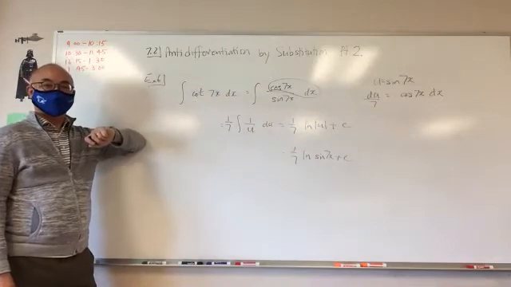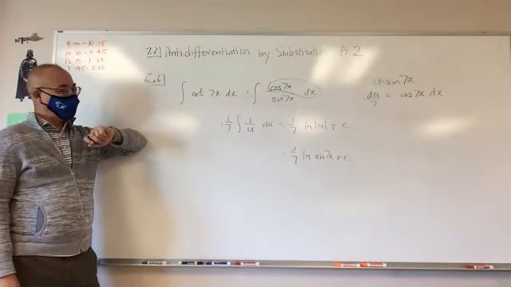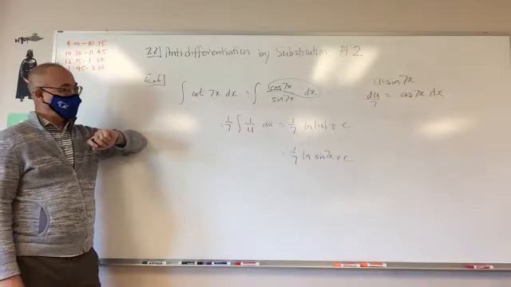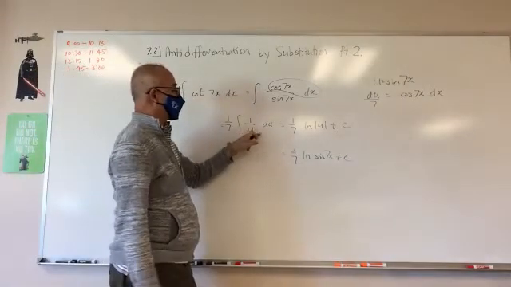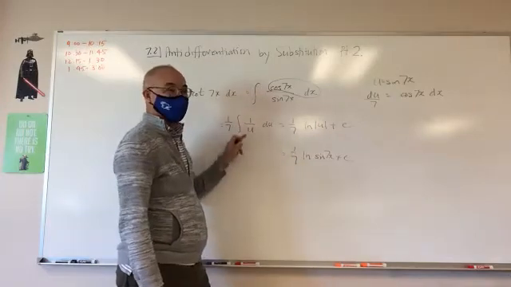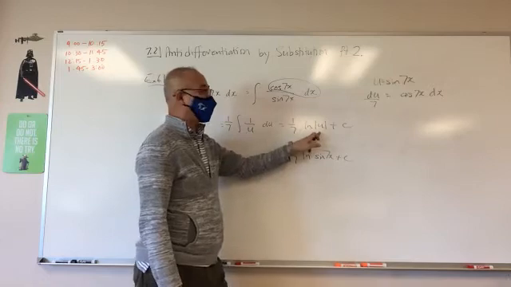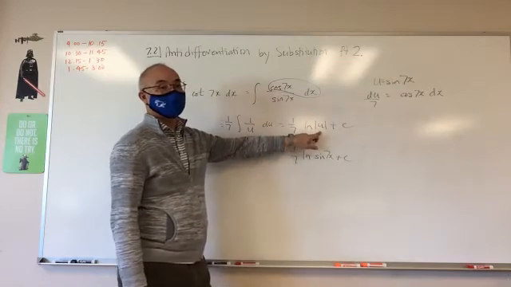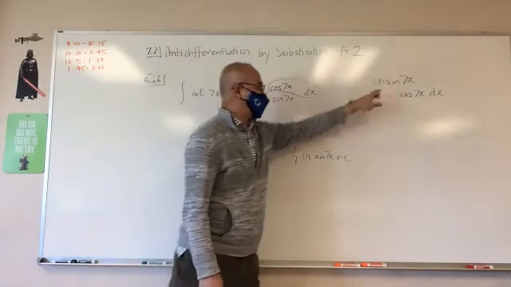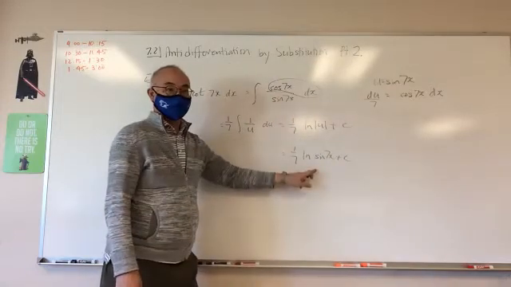Why did you make it u and then make it not u again, halfway through? So I got the u in there, and this allows me to do the easy anti-differentiation right here. And then since I'm not looking at u, I want x, I have to put it back into x. That makes sense?